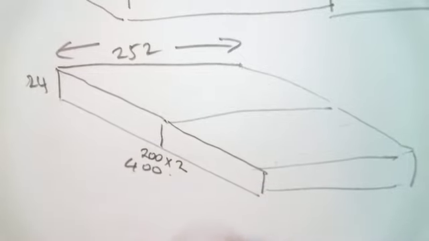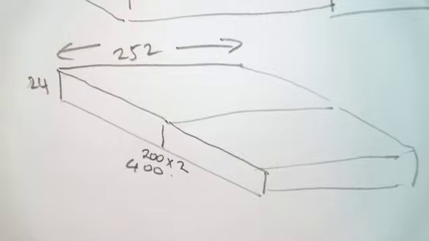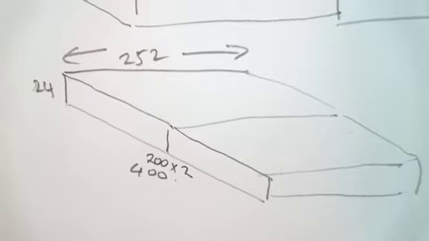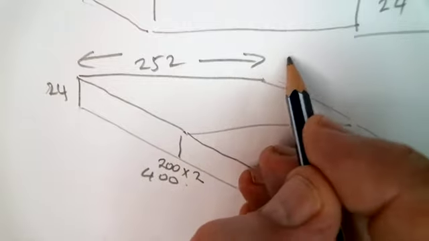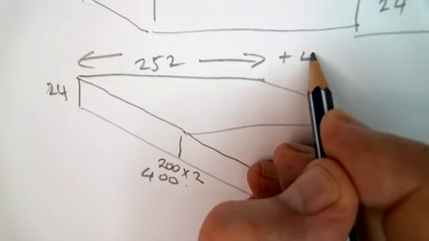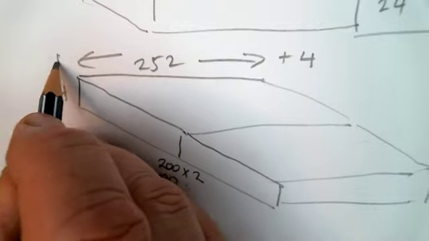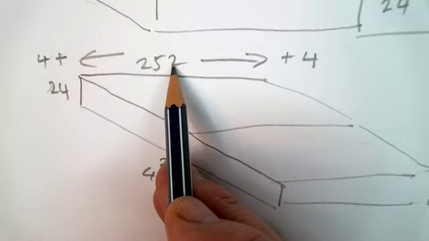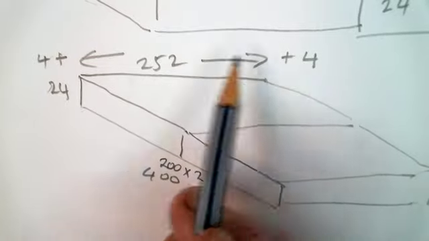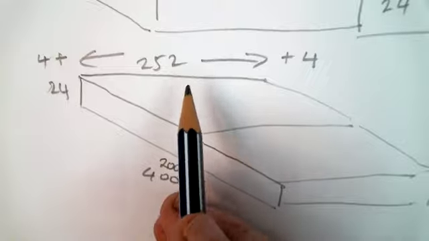But now we have to take into account all of the other details. So we know that the cardboard is going to be 4 millimeters thick. So we're looking at the external dimensions of the cardboard. So it's going to be 252 plus 4 at this end, and of course plus another 4 at this end. So it's now going to be 252 and another 8, which would make it 260.